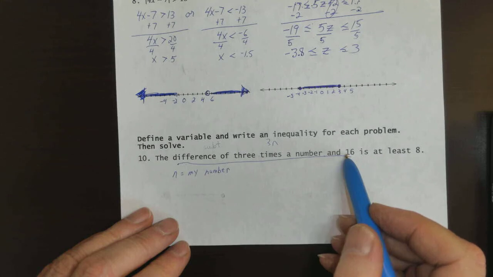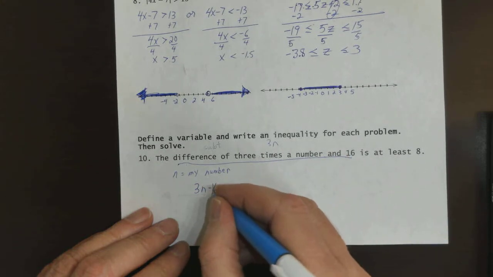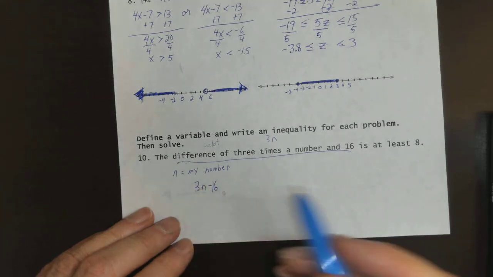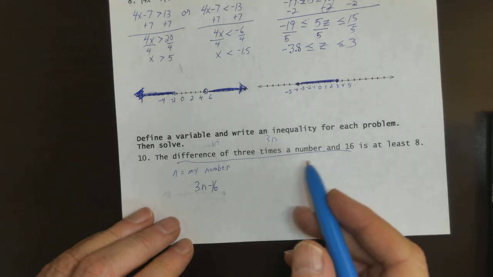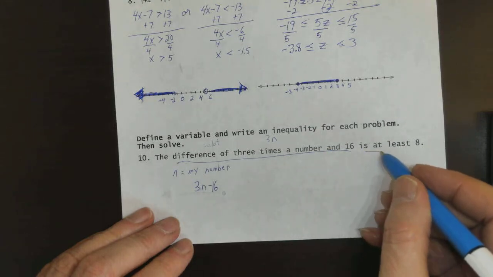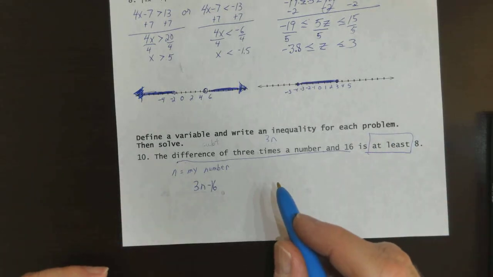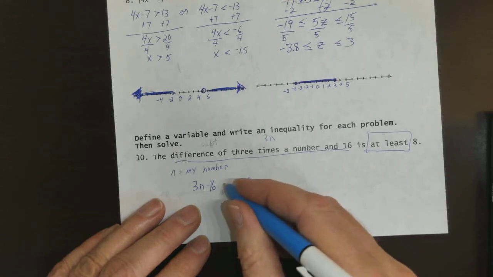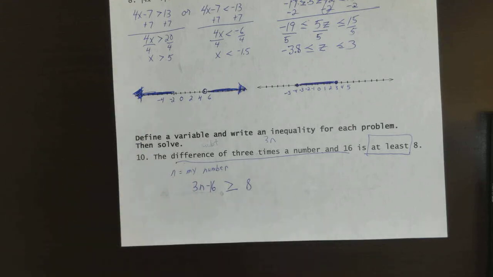And 16. So I'm going to write 3n minus 16. The difference of 3 times a number and 16. 16 is being subtracted from. Is at least. Okay, at least means the least it can be is 8, which means this has got to be greater than or equal to. That gets a little confusing, but that's greater than or equal to 8.